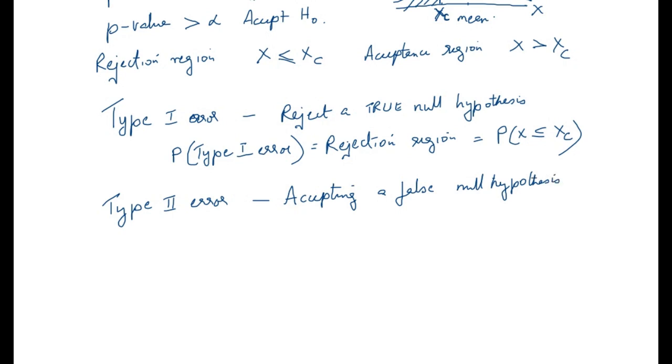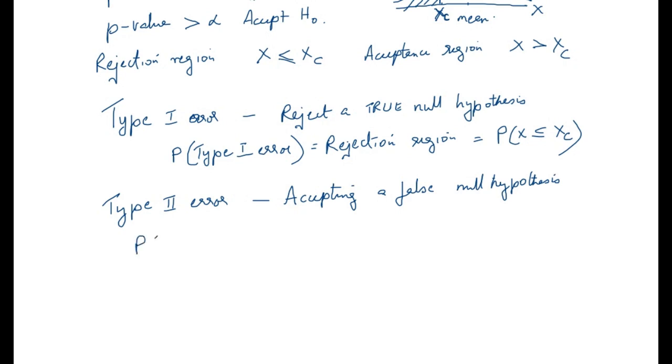Meaning the null hypothesis does not hold, but we end up accepting it and we discard the new alternative hypothesis. So the calculation for a type 2 error is like this.